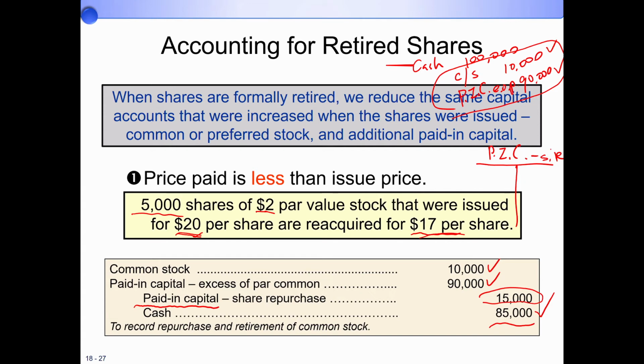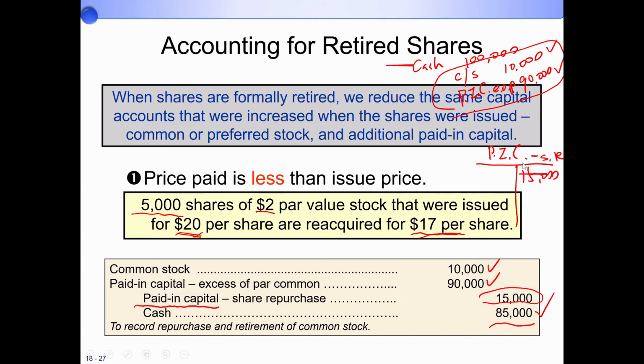So you have this special paid-in capital account, which is $15,000. Any questions at this moment? Can you accept this argument? So we have this special paid-in capital.